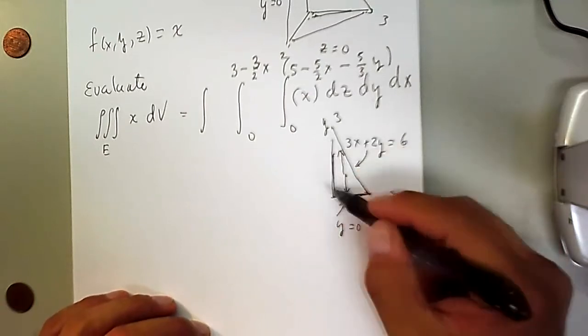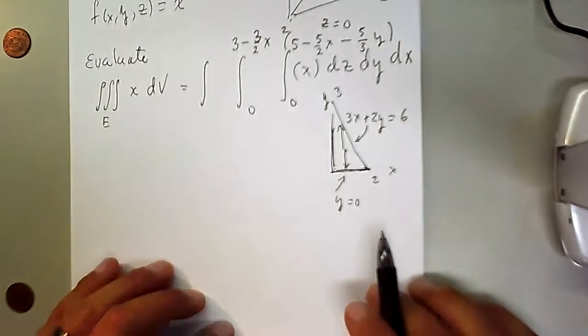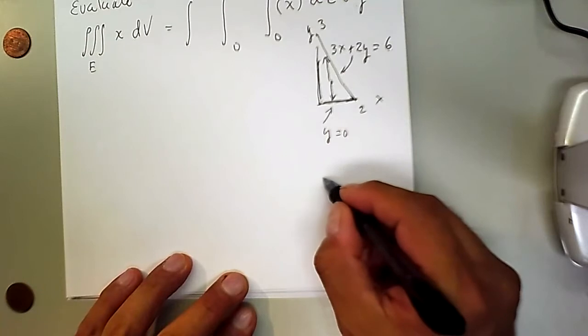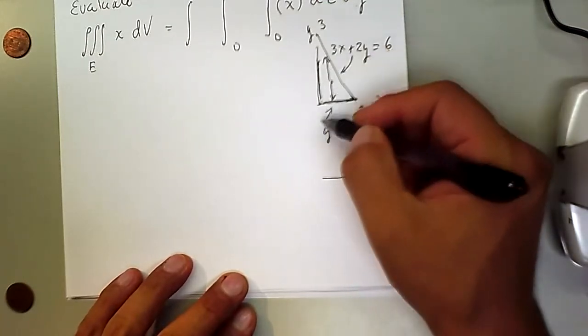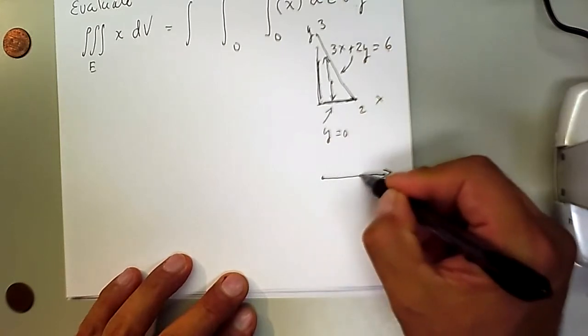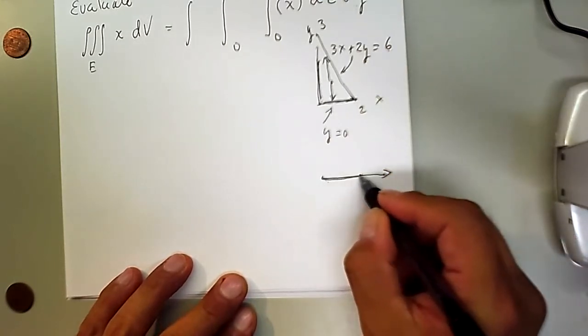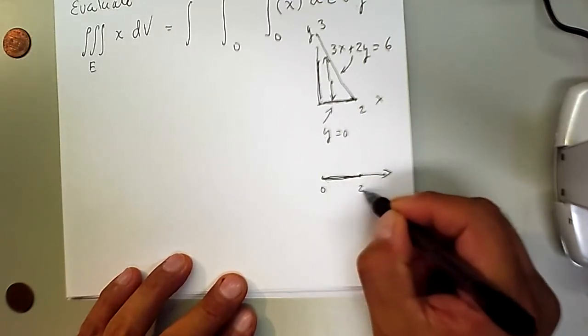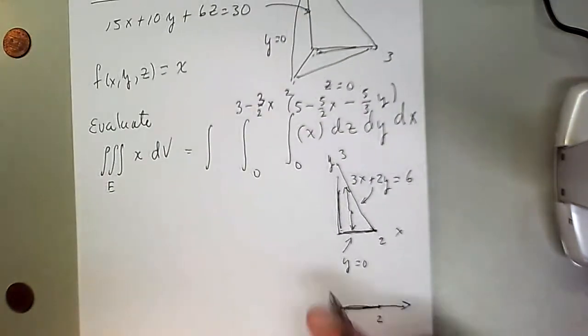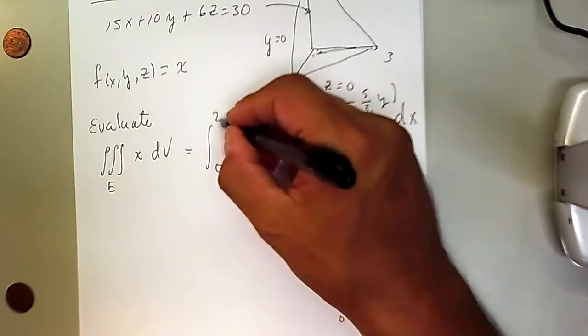Project this triangle down to the x-axis. So if you only have the x-axis, if we project this down to that, we're just going to obtain an interval, this interval. And the interval goes from 0 to 2.